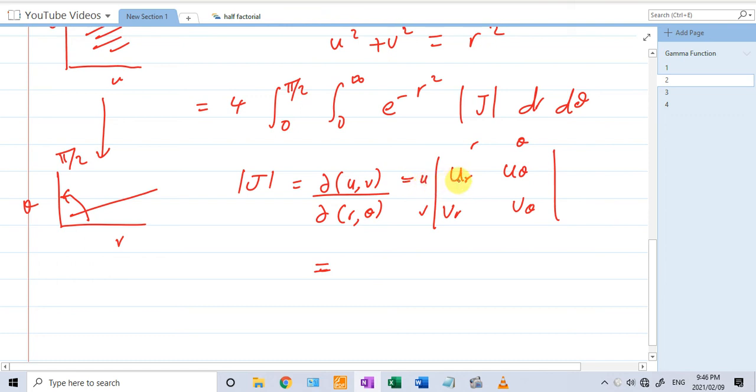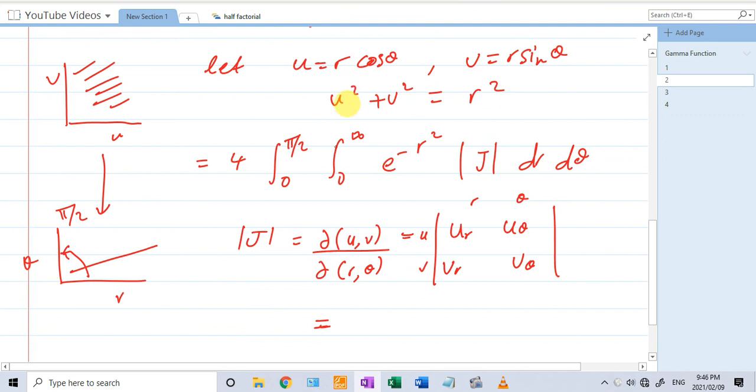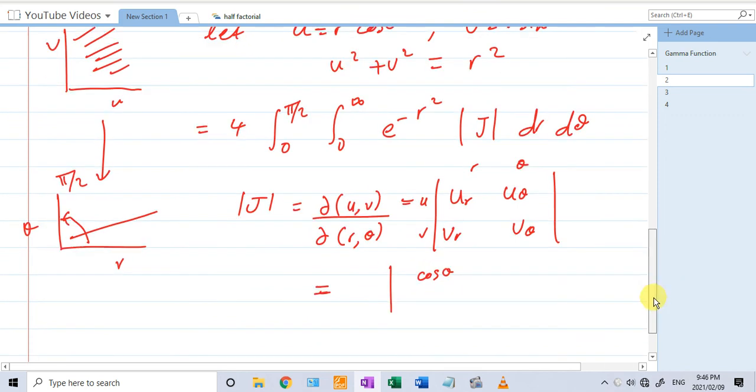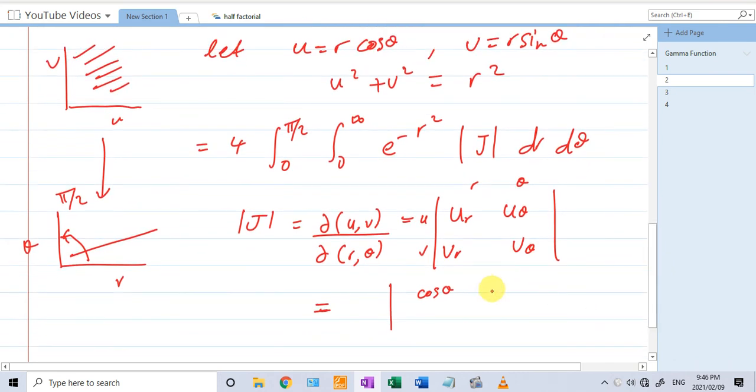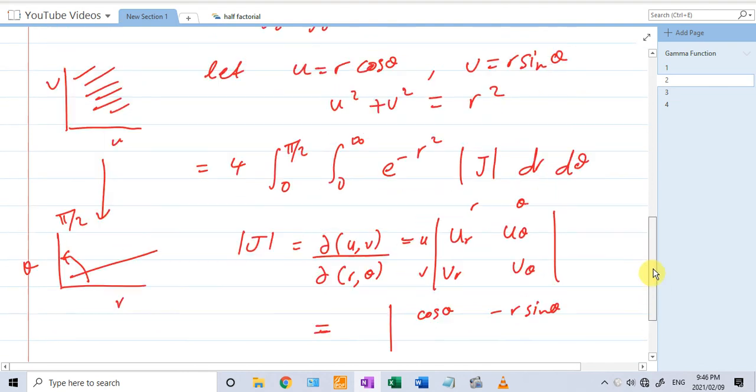So ur, you're finding partial u partial r, which is cos theta. Then partial u partial theta should give you negative r sine theta, differentiating with respect to theta.